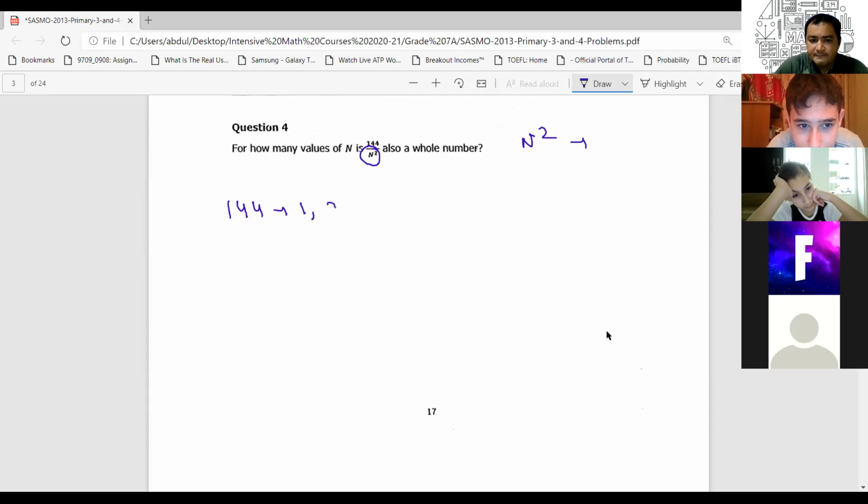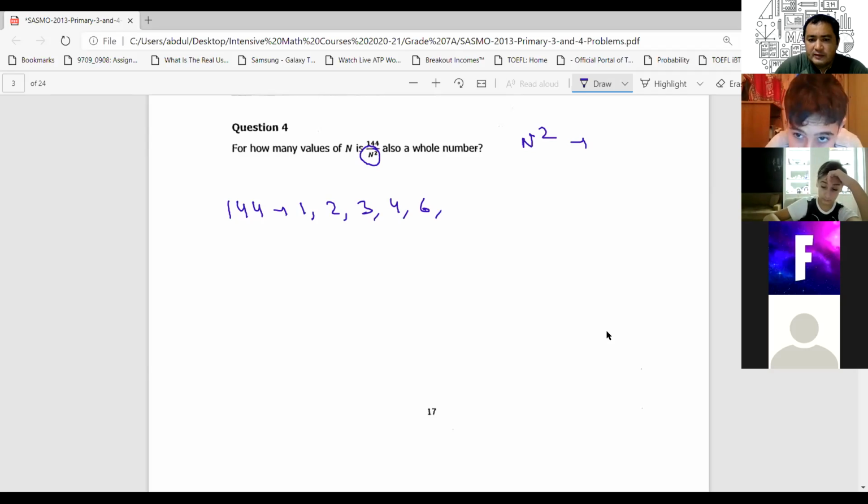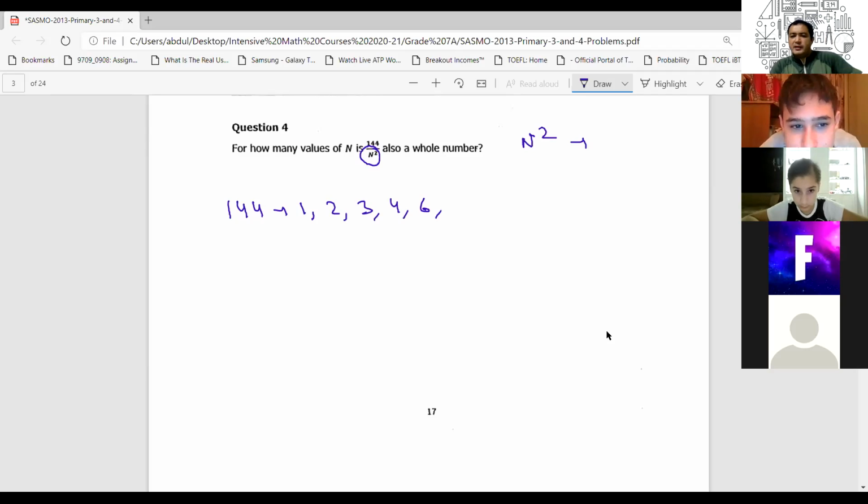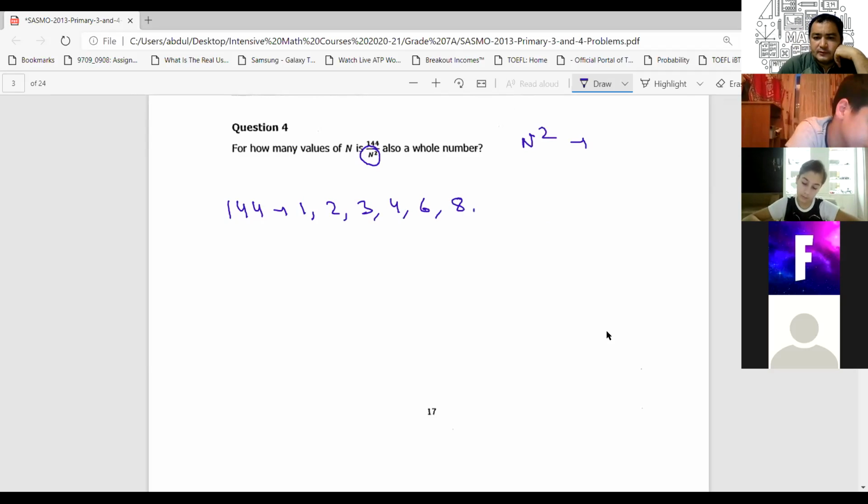It is 1, it is 2, and it is 3. And is it divisible by 4? Yes, it is, 4, 6, 12, 24. Yes, right? And also divisible by 12. Is it divisible by 8? Yes, right? And how about 9?